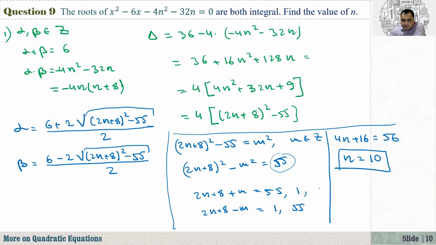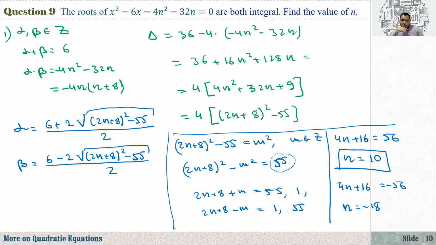How about if it is minus? At that time here we have 4n plus 16, that's equal to minus 56. So what is n here then? Minus 72 over 4, minus 18. That's also a perfect square, right?